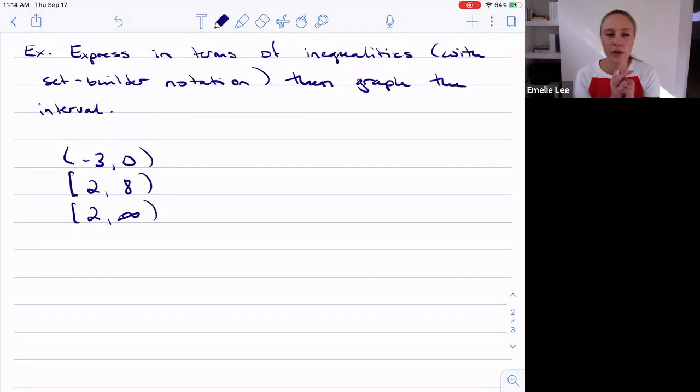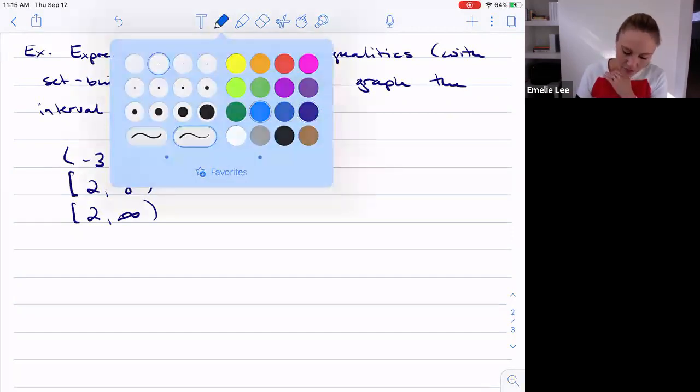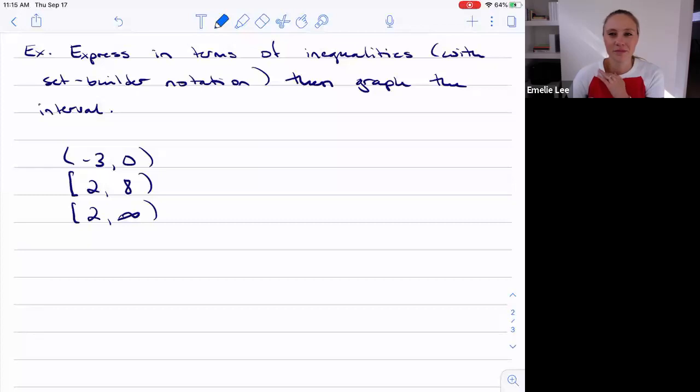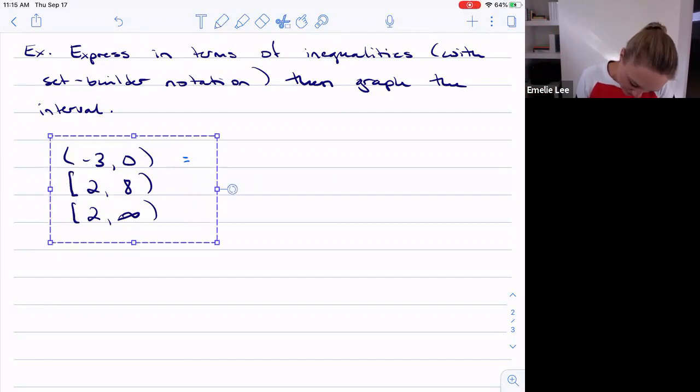Noticing the round bracket versus the square brackets. So we'll start with the set builder notation just because it's a little bit yucky, and then we'll end on a high note with the graph on the number line. I'm going to move these over just a bit.